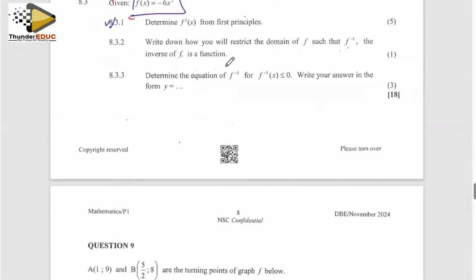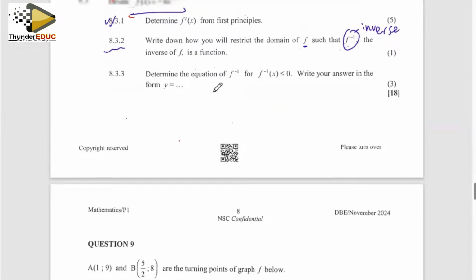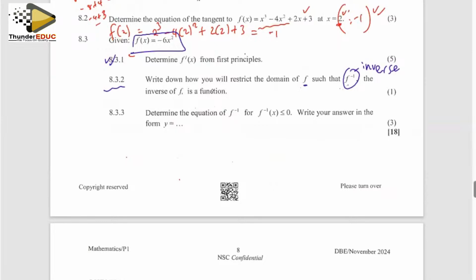All right. Then 8.3.2, they want us to write down how you will restrict the domain of f such that f inverse exists. So this f negative 1 is the inverse, not the derivative. So f is a function, a parabola, and we know that this is a frowning parabola, which will be in that sort of format.